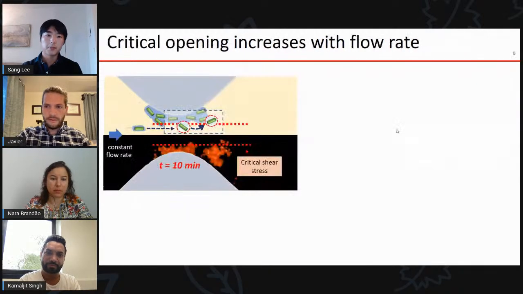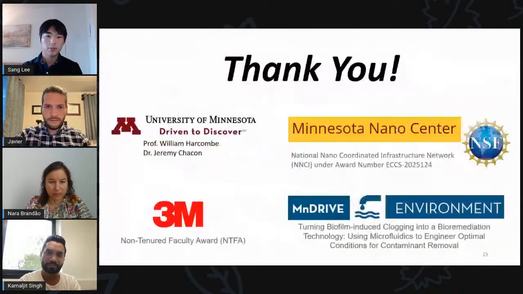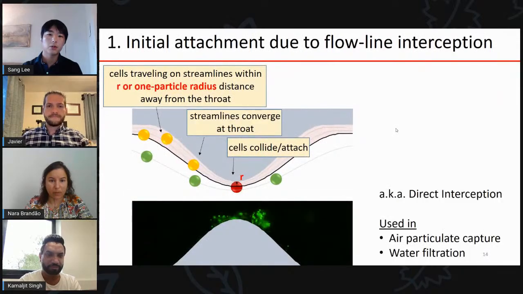But more specifically, let me show you this slide. This phenomenon is also called flow line interception, and is actively used in capturing air particulates in some filtration processes.